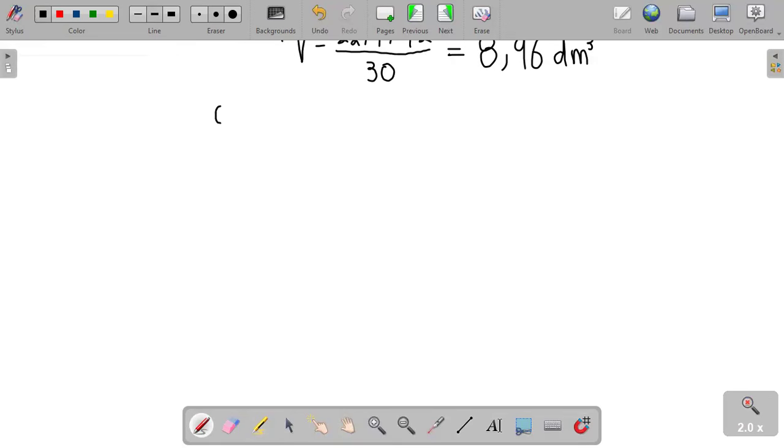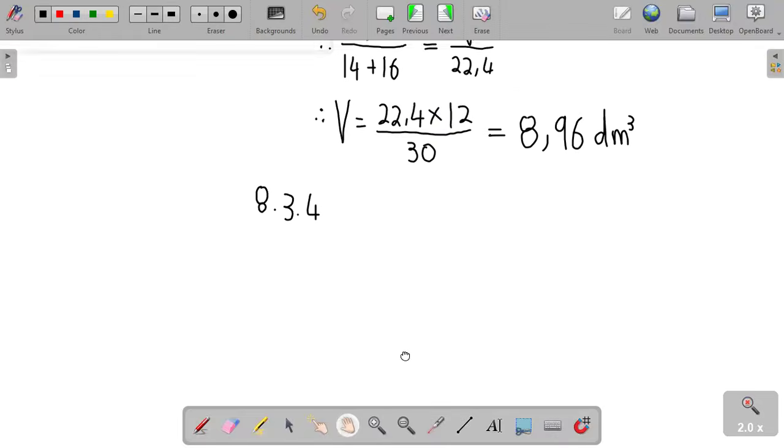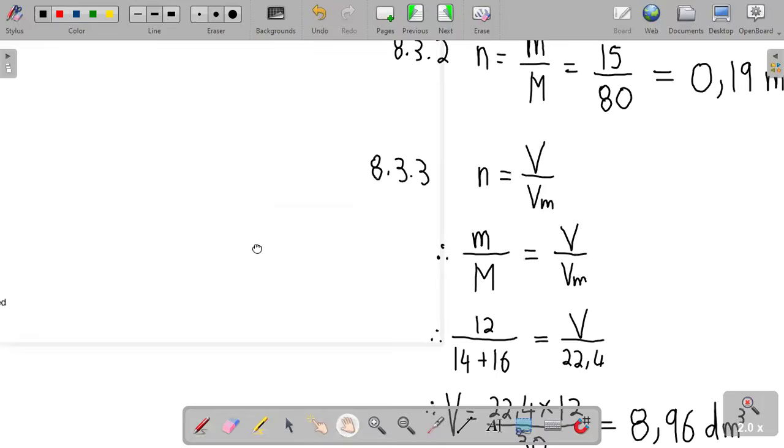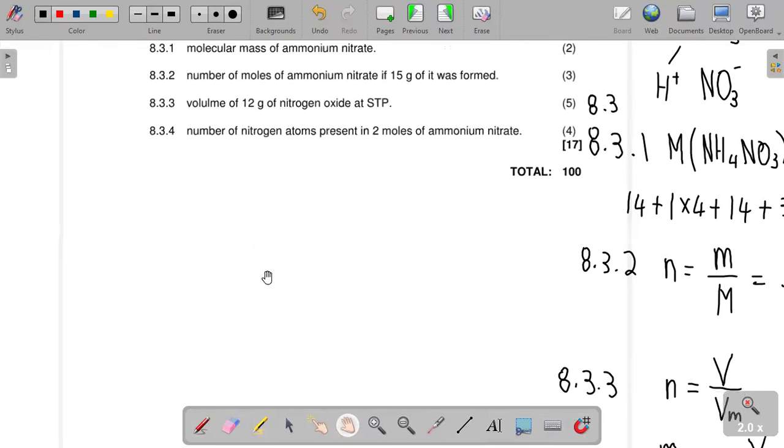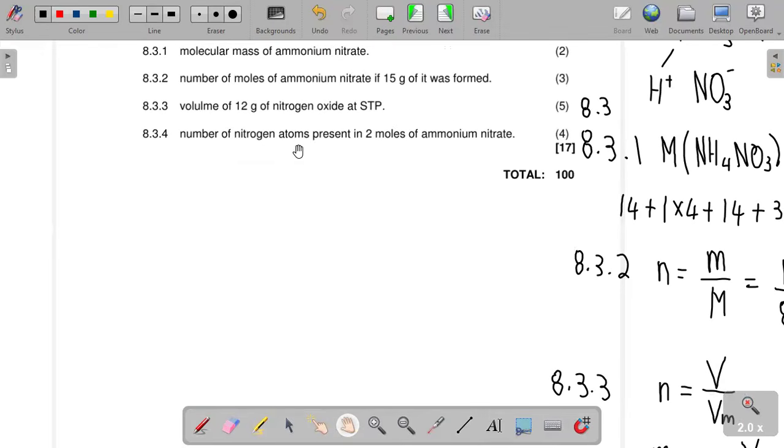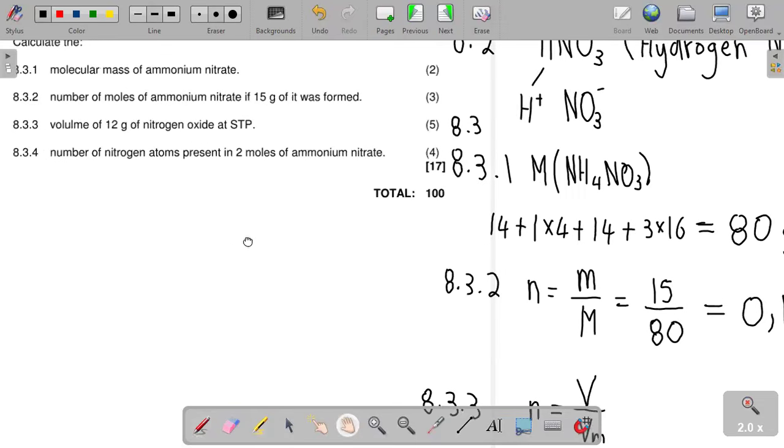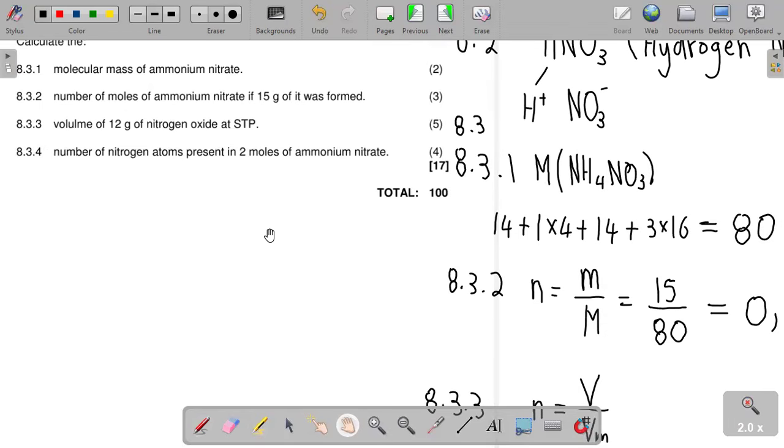So now let us go to 8.3.4. 8.3.4, what are they saying? Number of nitrogen atoms present in 2 moles of ammonium nitrate. So we can see that ammonium nitrate is NH4NO3.